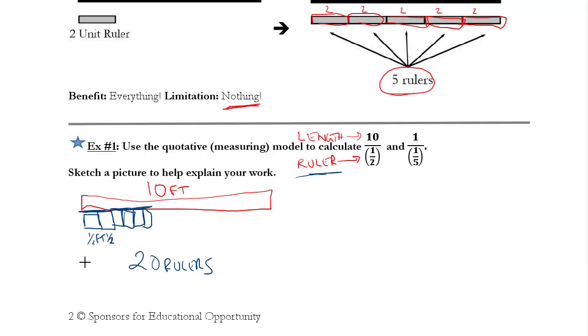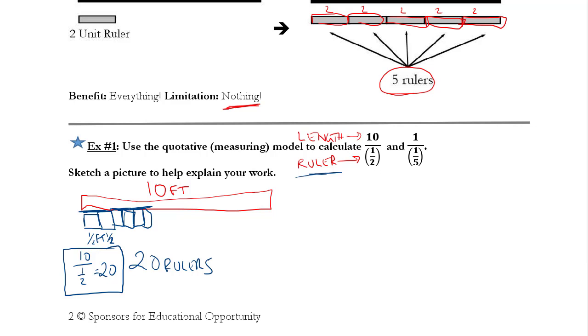And I'll be darned if 10 divided by 1/2 doesn't equal 20. It does, so this is correct. So we're able to use this idea of rulers and lengths and measuring to make sense of this otherwise strange division problem where we're dividing by a fraction.